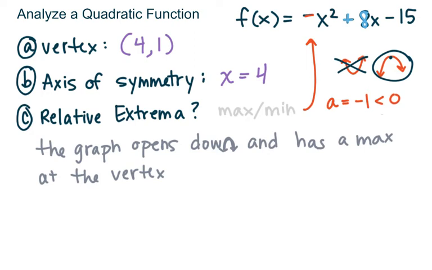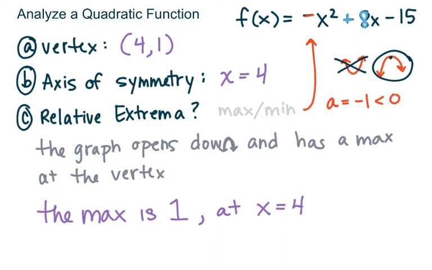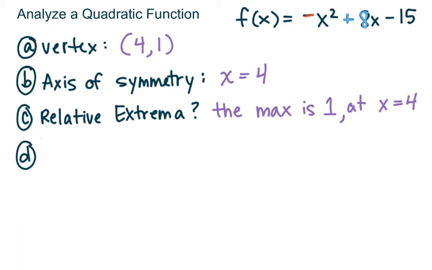So in this situation, we'll say the max is the y value 1, and it occurs at x equals 4. Again, I'm going to clean my screen up here. So now we state that the maximum is 1 and it occurs at x equals 4.